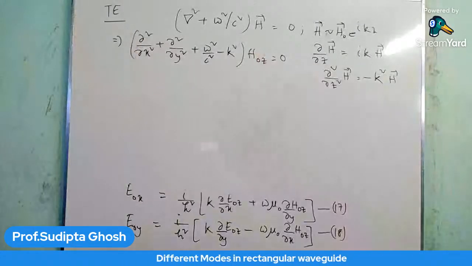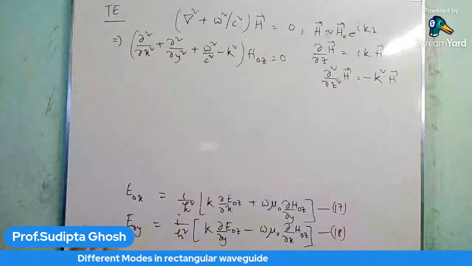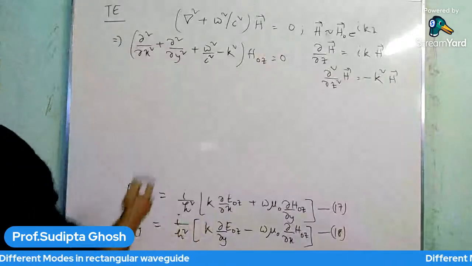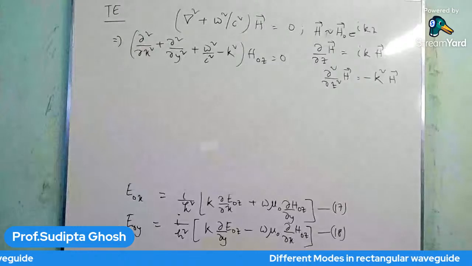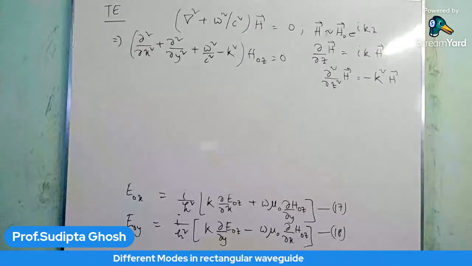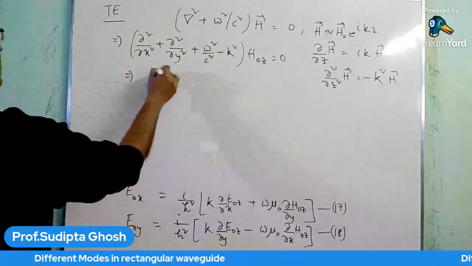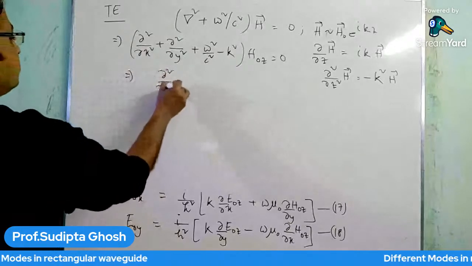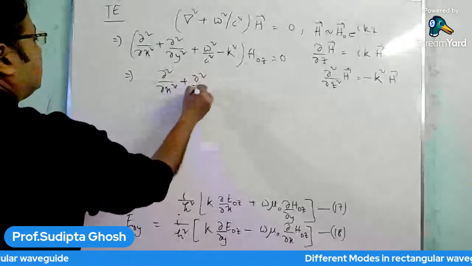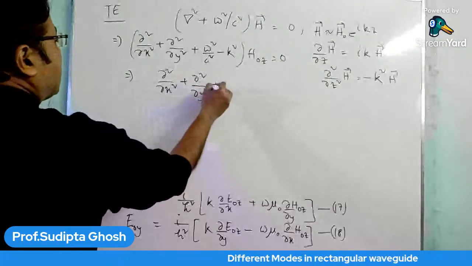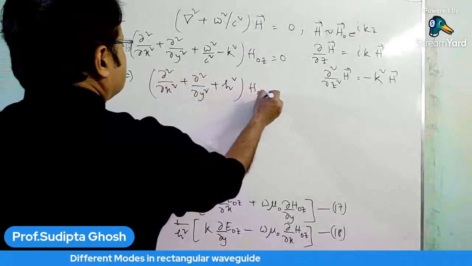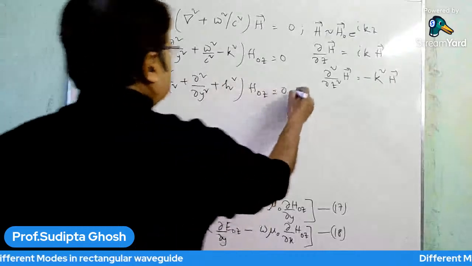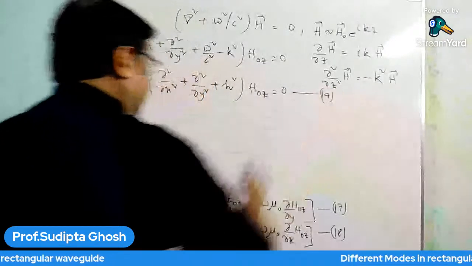I have taken the scalar part, and as I have already shown, omega square by c square minus k square can be written as small h square. So this equation can be written as del 2 del x2 plus del 2 del y2 plus h square into capital HOZ equals 0, and let it be equation number 19, right?